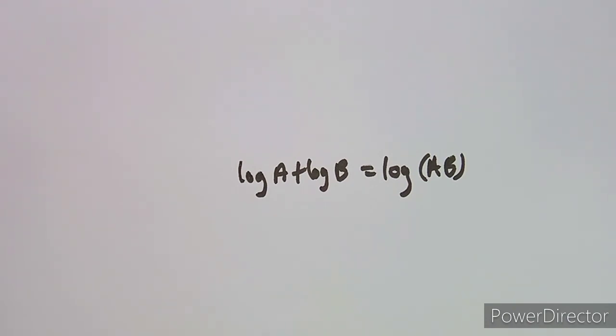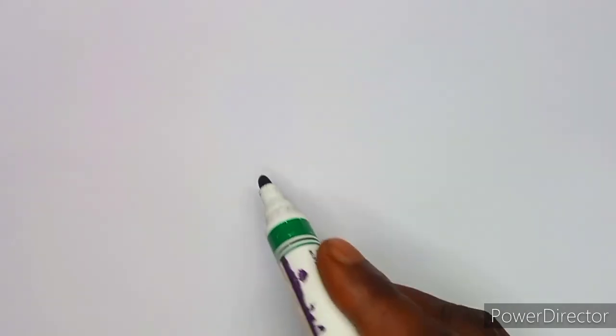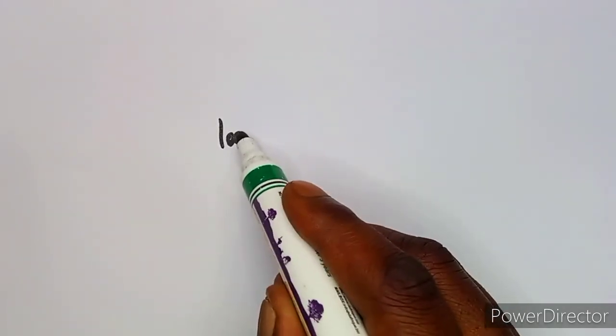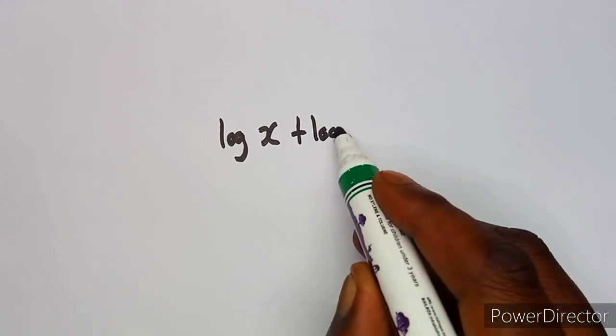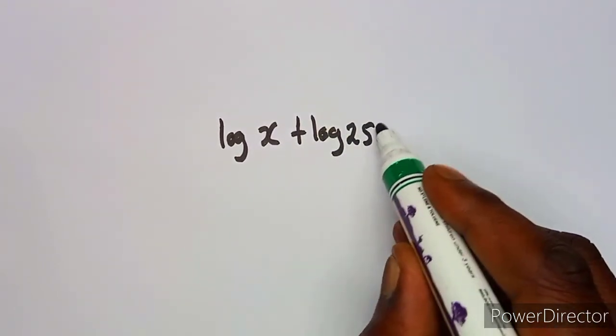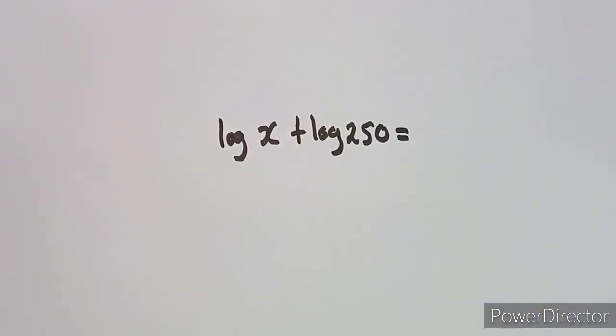Like this condition, it's not possible for us to do this, but what can we do now? It's log x, we've got log x there, plus log 250, which is equal to 3.